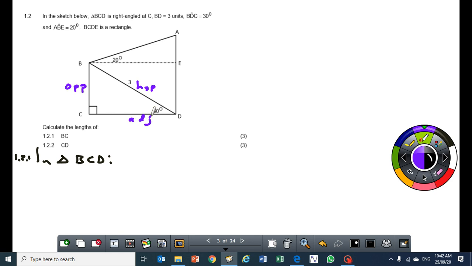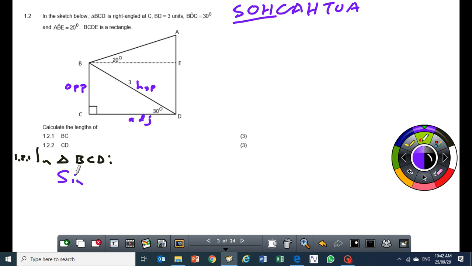So I can write there and say, since I need the opposite side and I have the length of the hypotenuse, if you go back to your trig ratios, we have to use what? Sine. Because we need to calculate the opposite side, the hypotenuse is given. So it will be sine D.